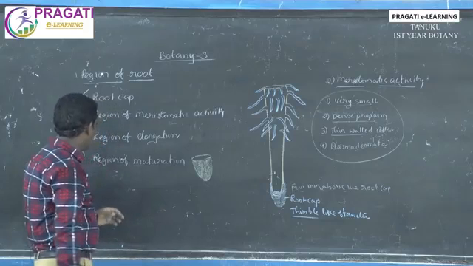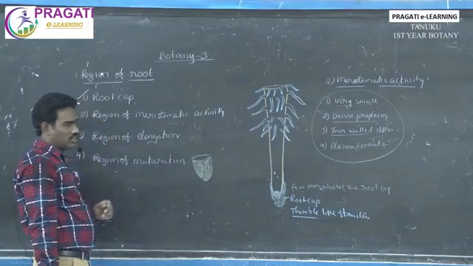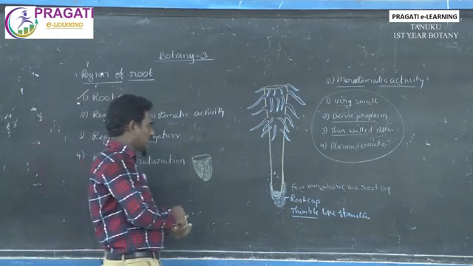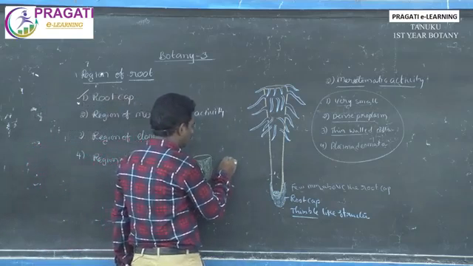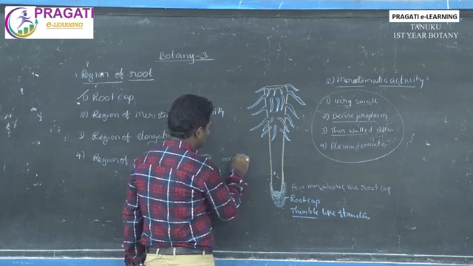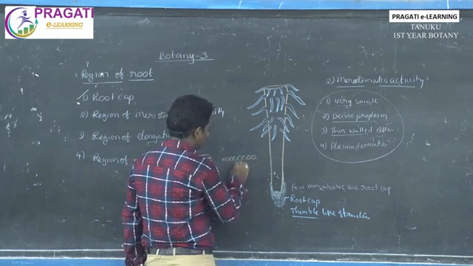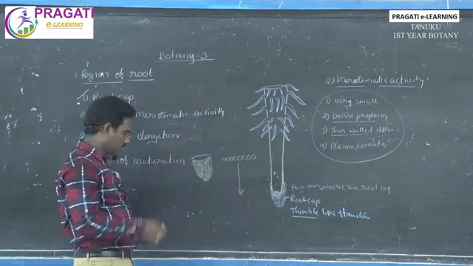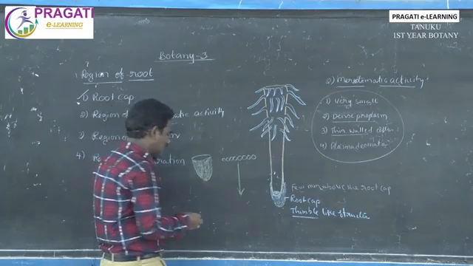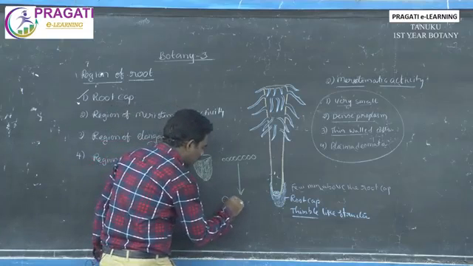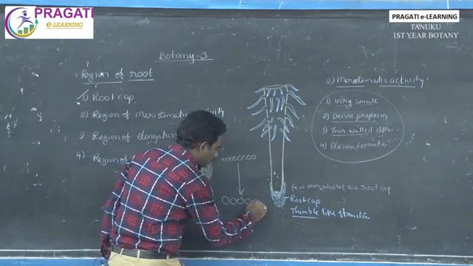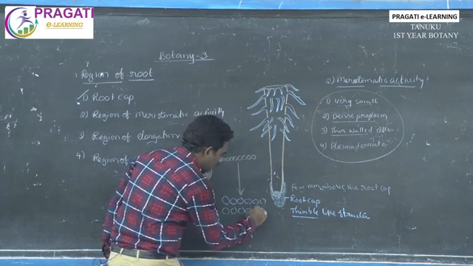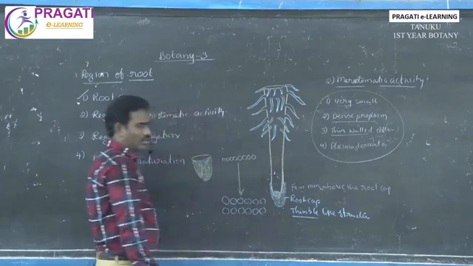Next one, the region of elongation. The meristematic cells are very small cells. These very small cells enlarge, and the maximum size increase is called the elongation region.